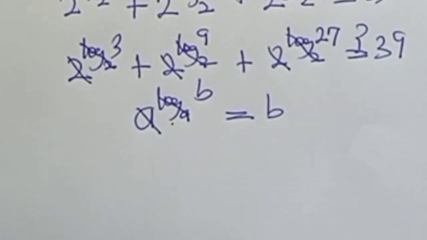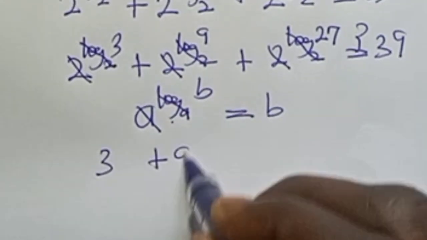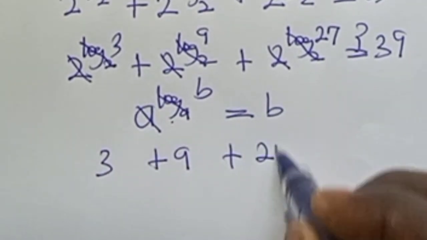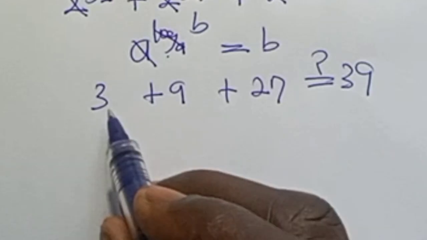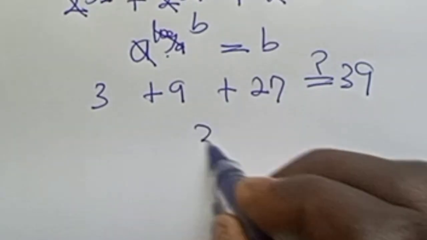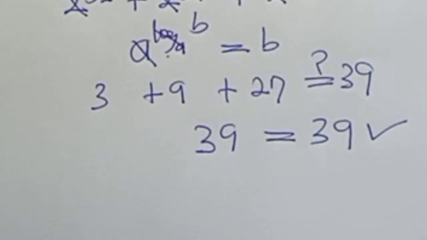Also here, what is left is 27. So if you bring this value out, we are going to have 3 plus 9 plus 27. Can this be equal to 39? So here, 3 plus 9 plus 27 is 39. It is definitely equal to 39.